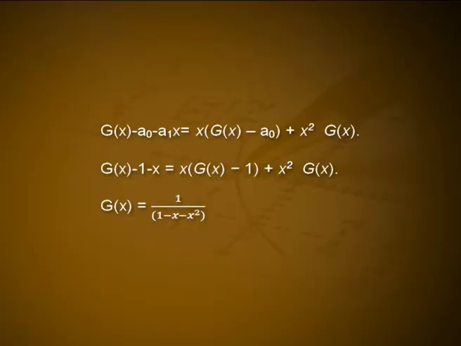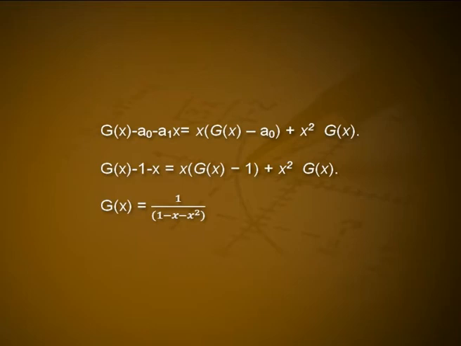That is, summation n=2 to infinity a_n x^n = x times summation n=2 to infinity a_(n-1) x^(n-1) + x^2 times summation n=2 to infinity a_(n-2) x^(n-2). In terms of g(x), we have g(x) - a_0 - a_1 x = x(g(x) - a_0) + x^2 g(x).